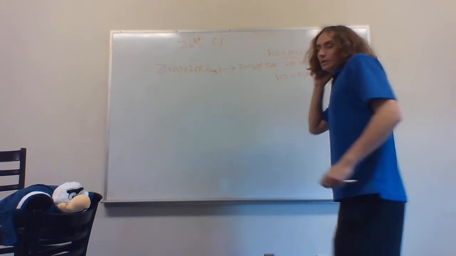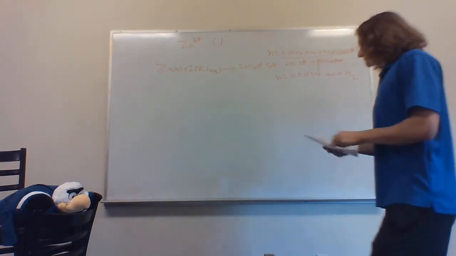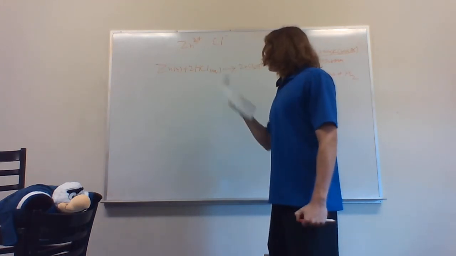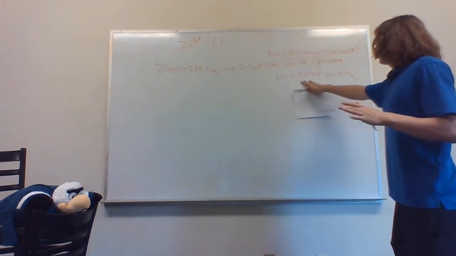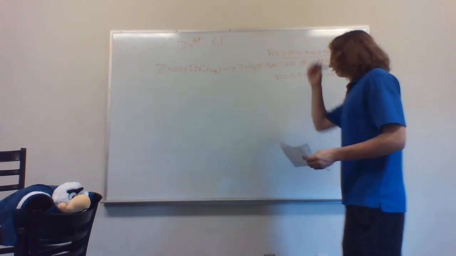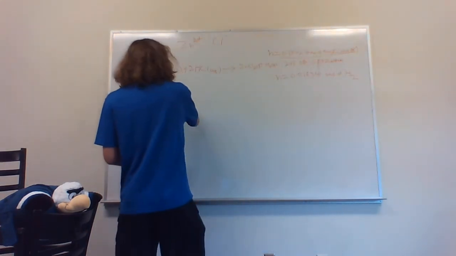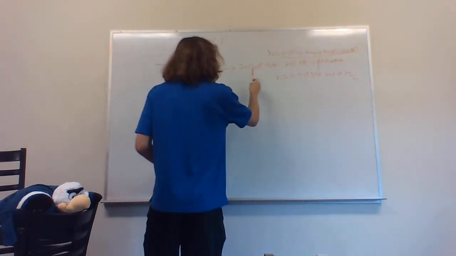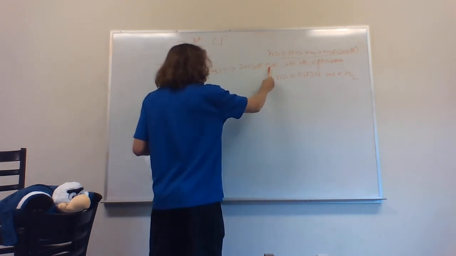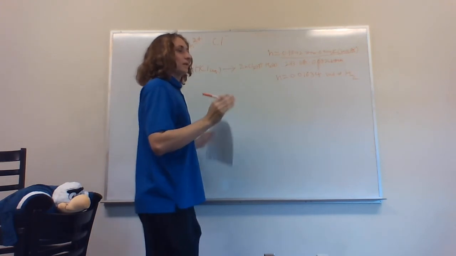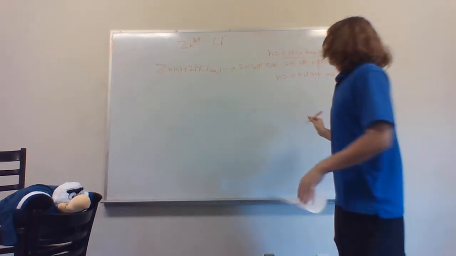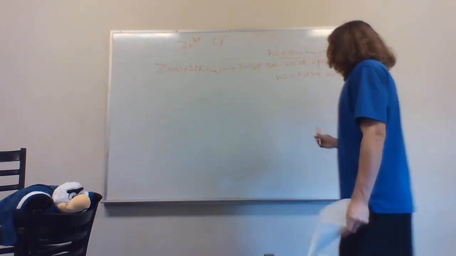So, if we recall, the question is, how many grams of zinc is needed to react with HCl to obtain this amount of hydrogen gas? We need to know how many moles of zinc are needed for that many moles of hydrogen gas, and then convert that many moles of zinc to grams.